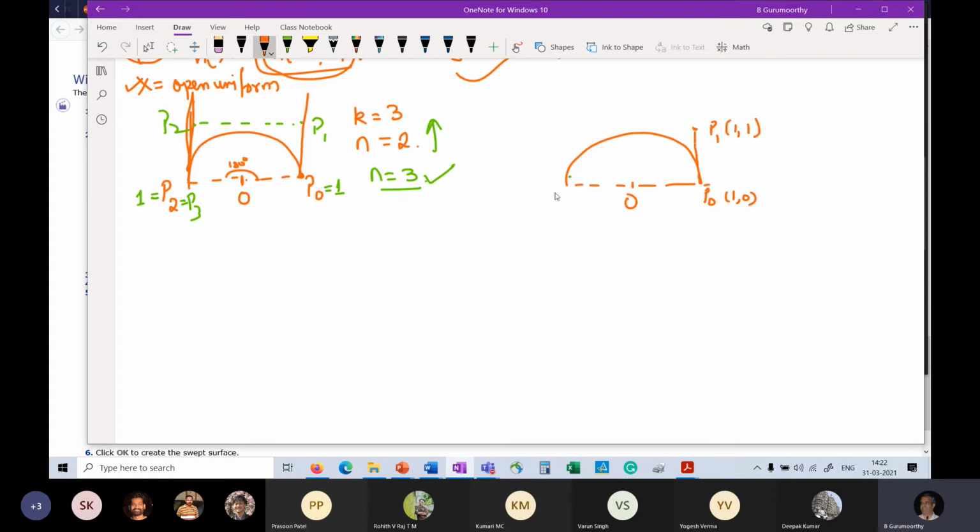And in the same way here, I might have a -1, 0, and I mark this point here, which will be -1, 1. Okay. So what that will do for you is that, right? That becomes your control polygon now.